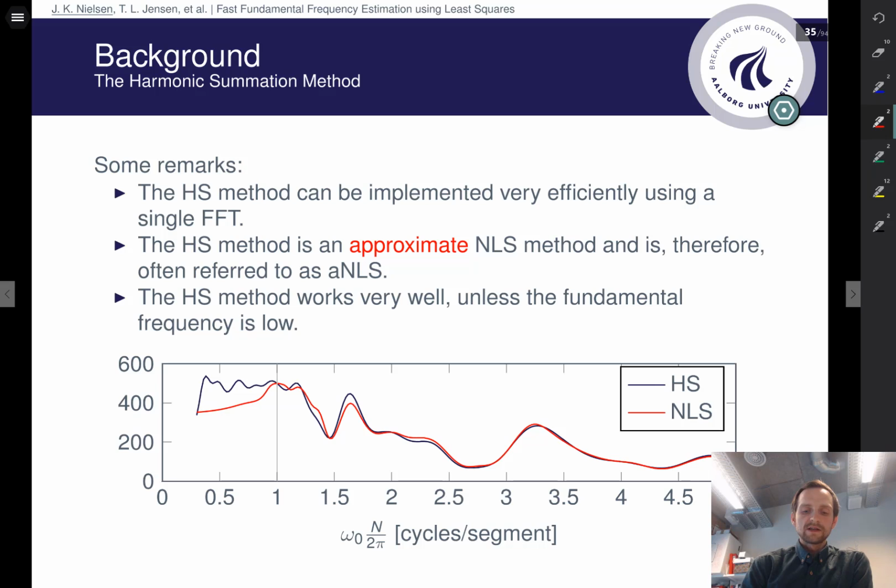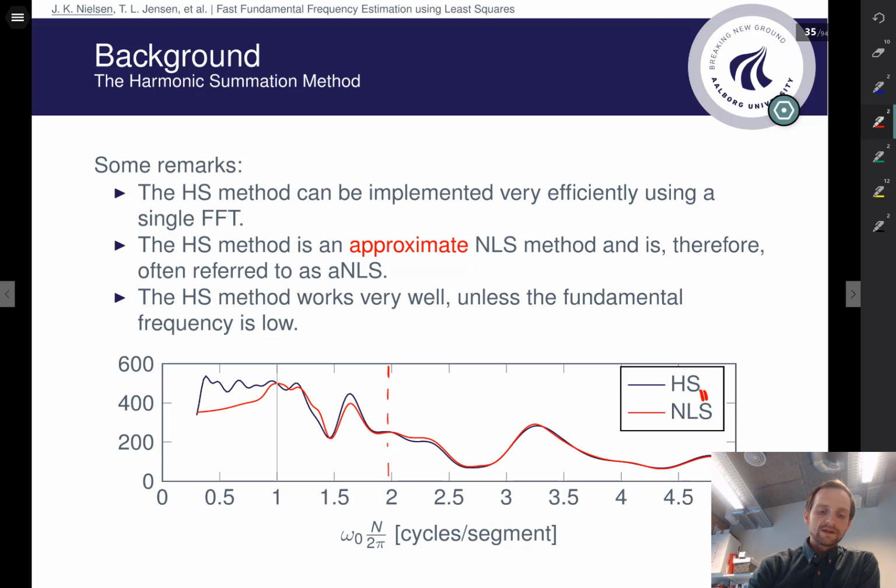And you can see that when the fundamental frequency is high enough, so let's say it's roughly around here, 2 cycles per segment, so we have at least 2 periods of the signal in the segment that we analyze, then they are basically equivalent. But if we have fewer than 2 cycles per segment in our data, then they are no longer equivalent.